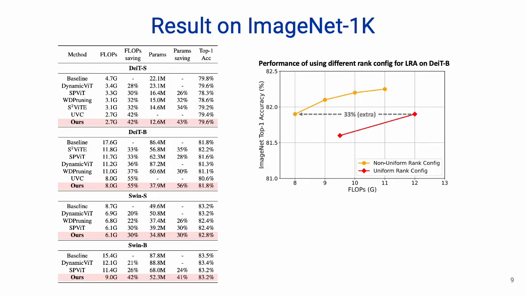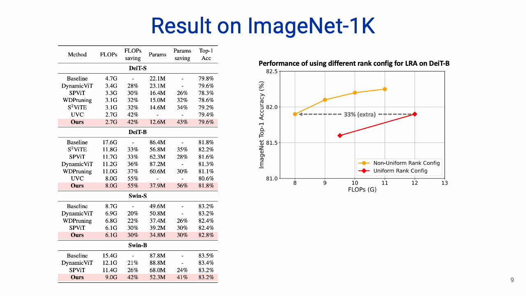After introducing the methodology of our FLORA framework, we now demonstrate the experiment results on the ImageNet dataset to evaluate the performance of our proposed FLORA strategy. Here, we apply FLORA onto 4 different kinds of transformer models.